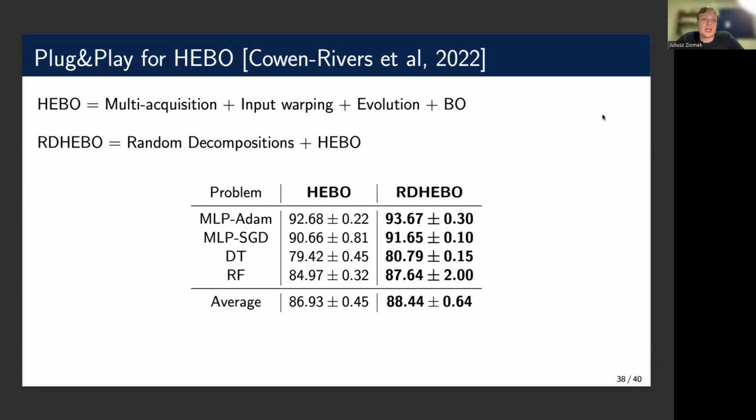So every time we fit a Gaussian process, we did it based on a randomized tree decomposition. And what we observe is that on the highest dimensional problems from the benchmark suite, which are listed here, for every problem, RD-HEBO, so HEBO with random decompositions, outperforms the standard HEBO. So it provided a significant improvement over the baseline.